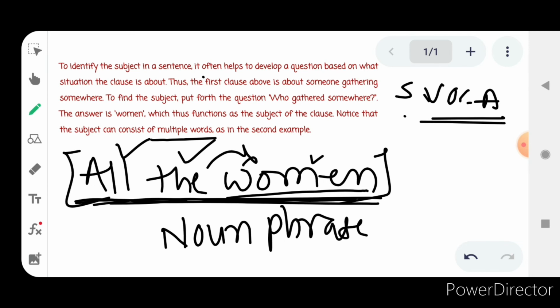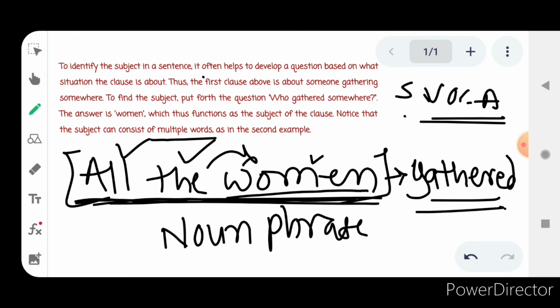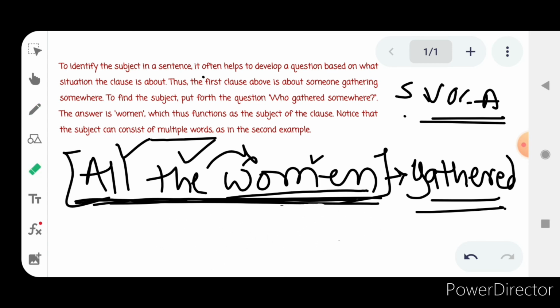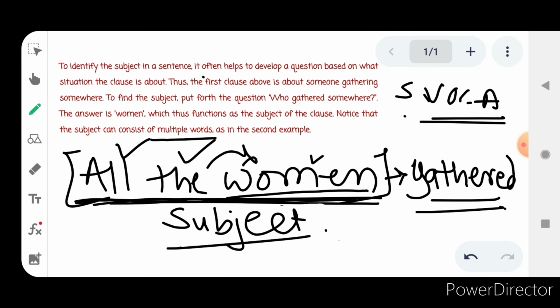Now, if they come in the position before the verb, all the women gathered, they come in the position of a participant of the verb. That's why they are called not a noun phrase, but as these words are used in a sentence as the participant of the verb, they are called subject.